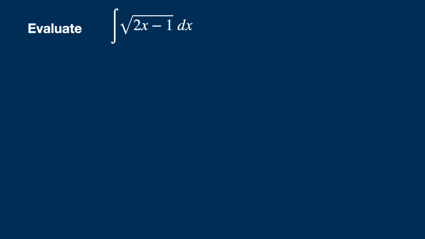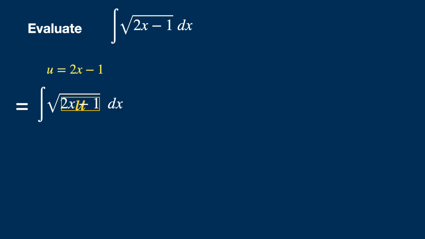For example, the integral of the square root of 2x minus 1 dx. We definitely use the substitution method for this indefinite integral. First, when you see this indefinite integral, you have to find the u. What is u going to be? Can you guess? u is going to be the inside of the square root, so it's 2x minus 1.